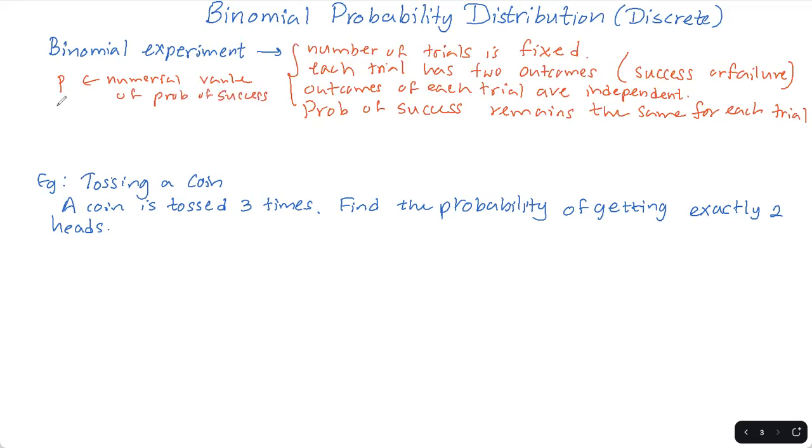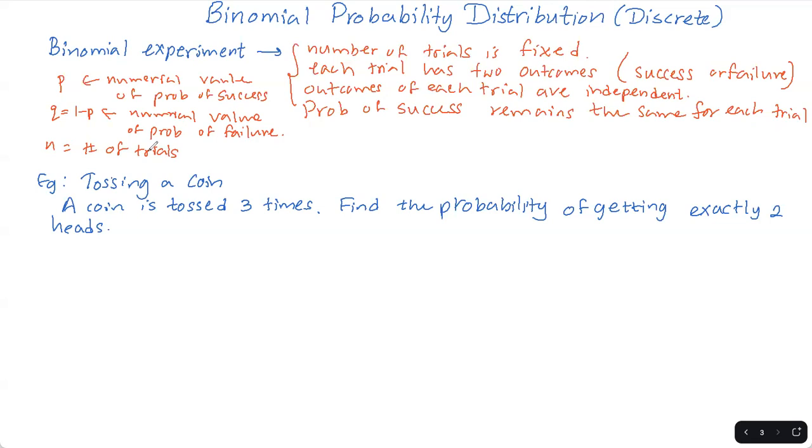And we are going to use q, which is 1 minus p, as the numerical value of the probability of failure. And n equals the number of trials in the binomial experiment.